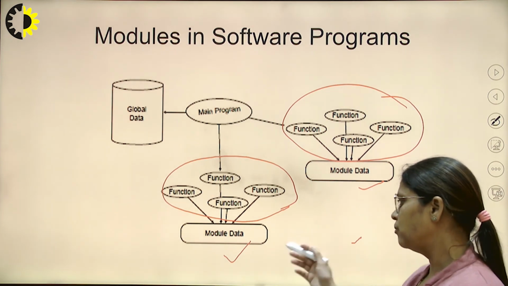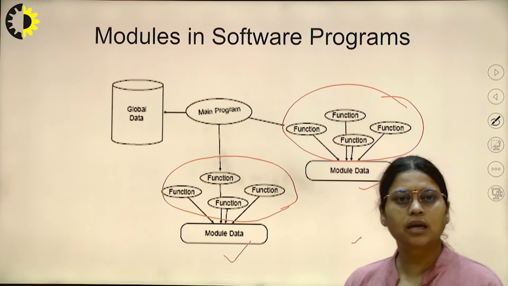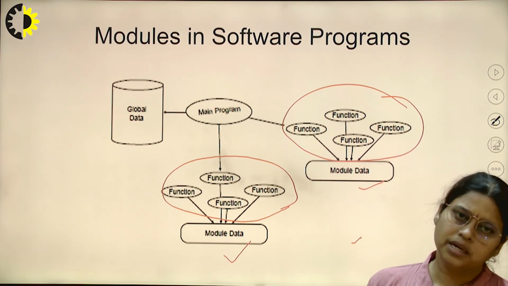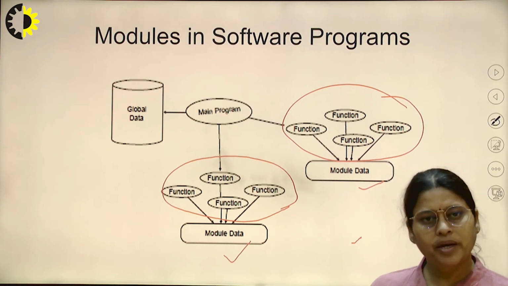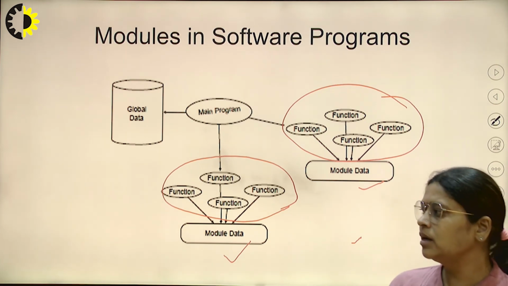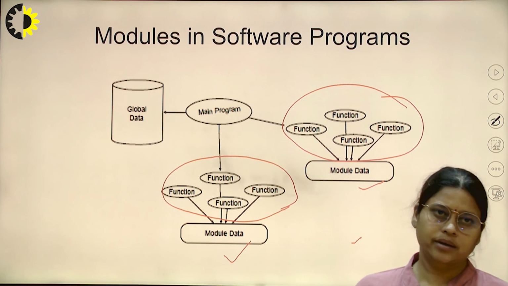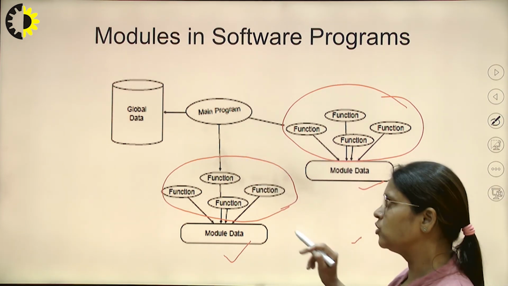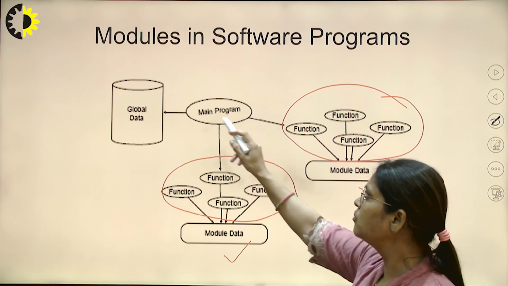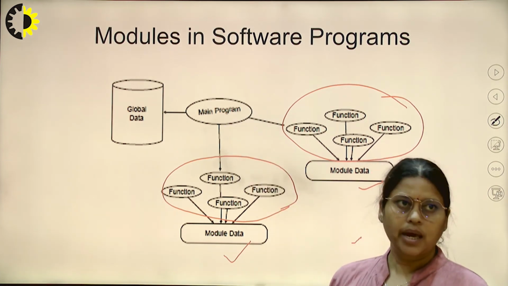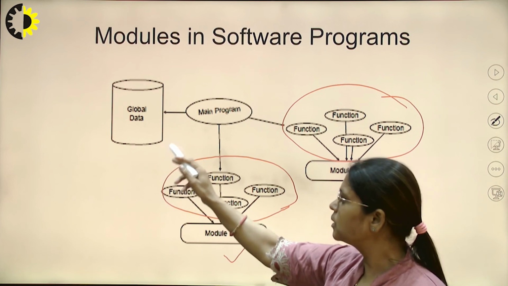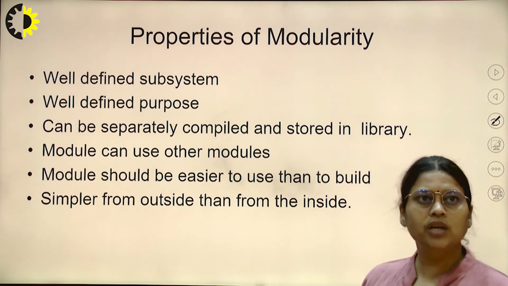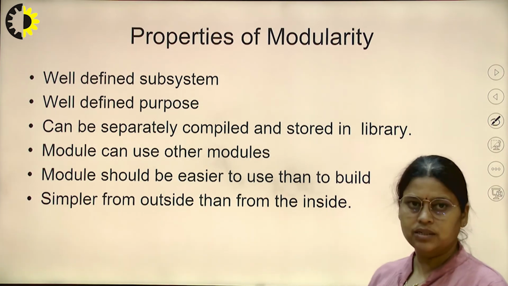So modules represent classes, and classes contain attributes and functions which may be declared private, public or protected. Similarly, all the modules contain some functions and retrieve data from the main module, and there is some global database. All the modules access the data from this database.